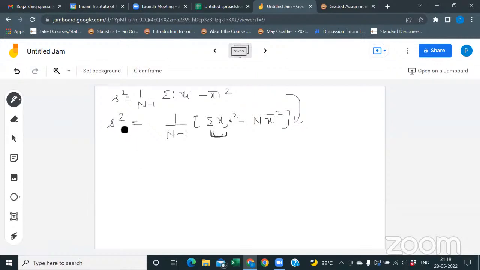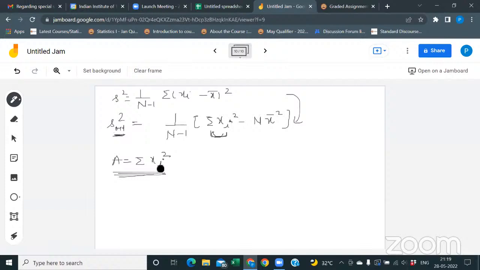You are given the old standard deviation in the question. If you square the value of the standard deviation, you will get the variance, right? Now see, let this summation xi square be A, that means the sum of squares of the old observations.